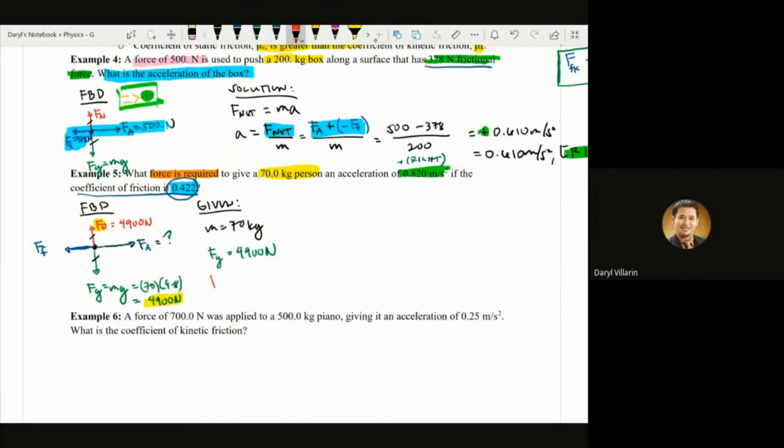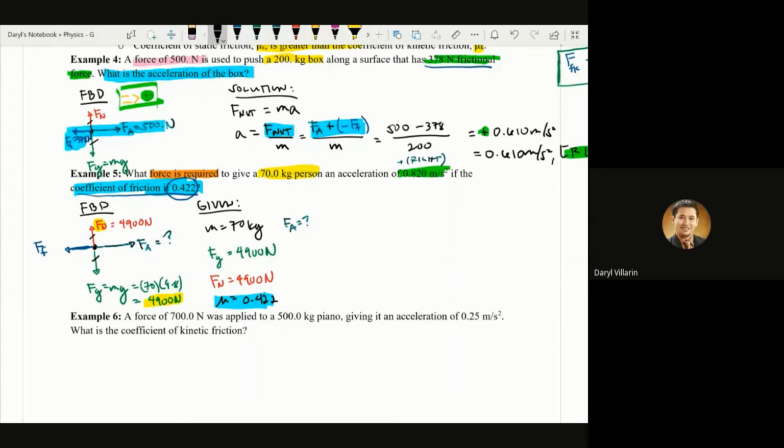That's why I also know that Fn is 4,900 newtons. And I'm given the value of mu, which is 0.422, again the coefficient of friction. So I'm trying to solve for Fa.